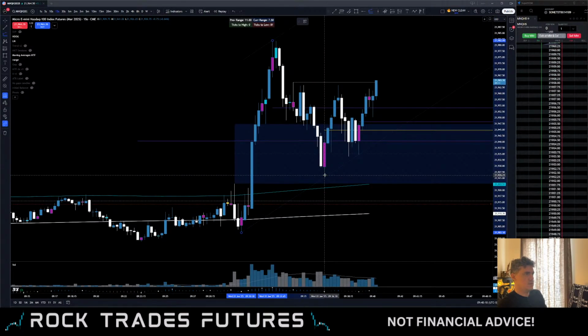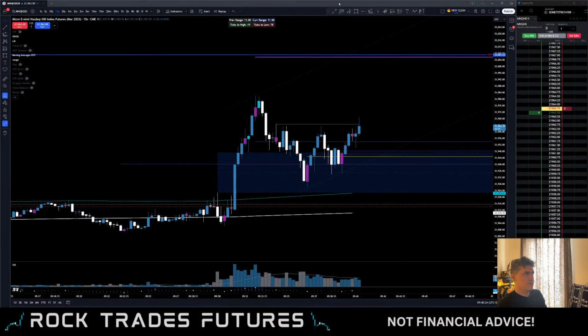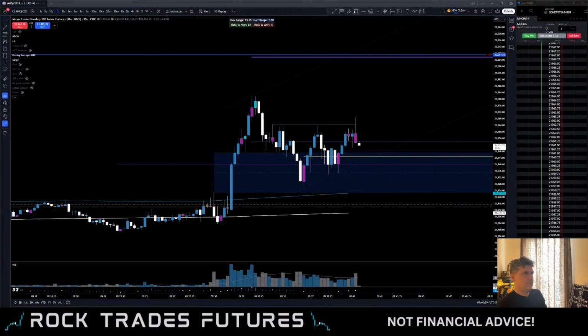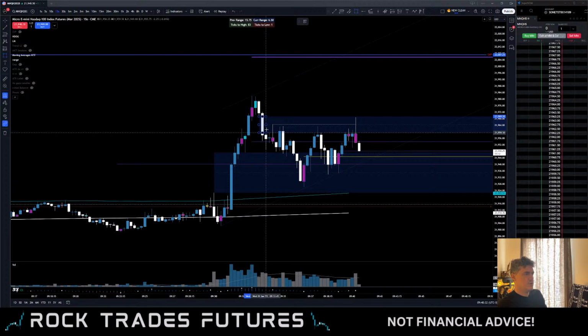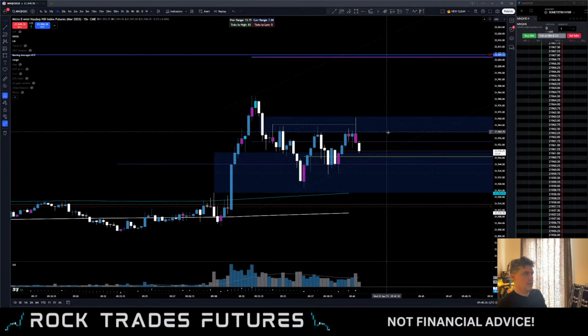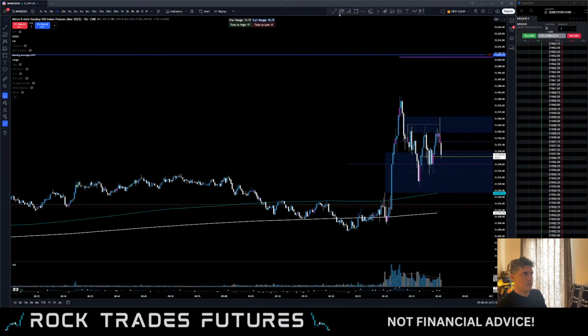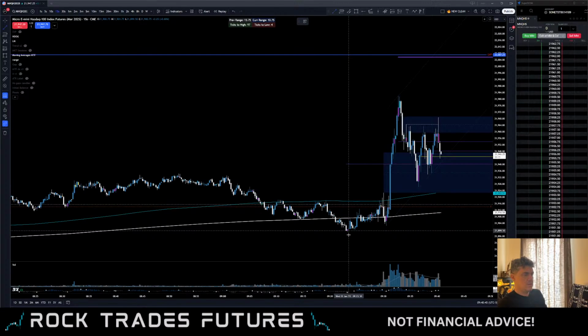AB equals CD is lining up with our gap nicely. All right, let's see the reaction to taking this liquidity. If this initial push up is a Judas, we're pretty likely to go to these lows if it's legit.